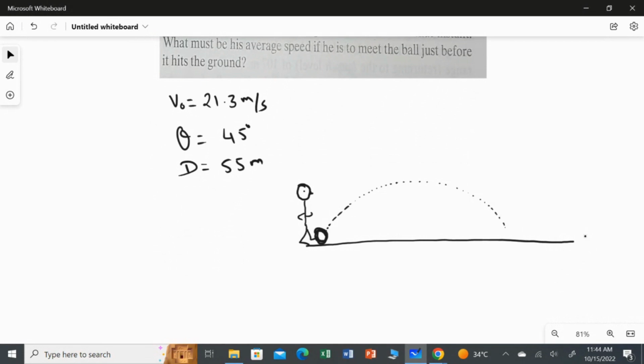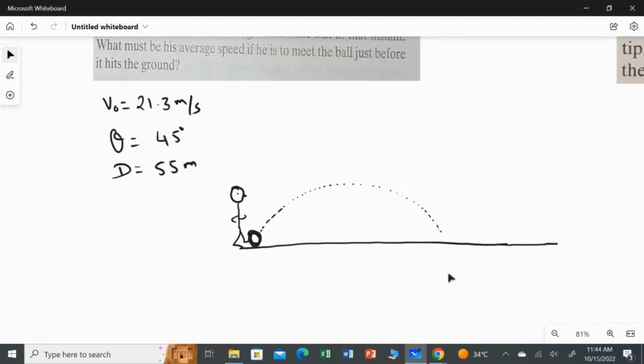So before the ball hits, on the other side, another player is going to take the ball. So that means another player is here, is going to take the ball. So that means he is coming with some speed, am I right?